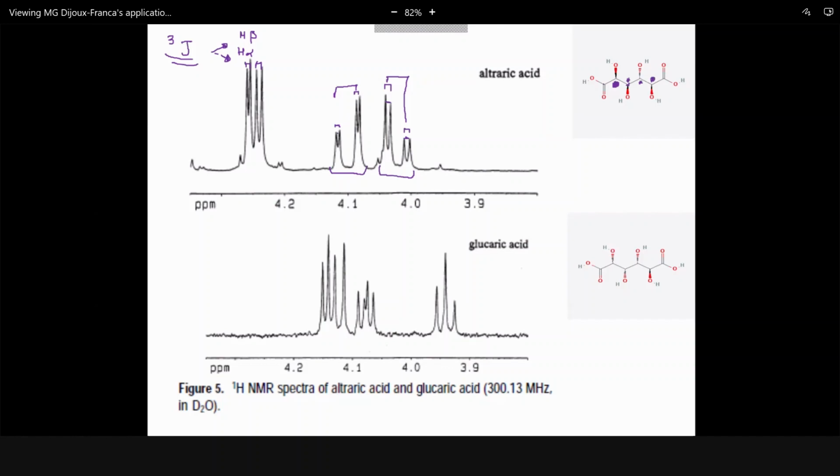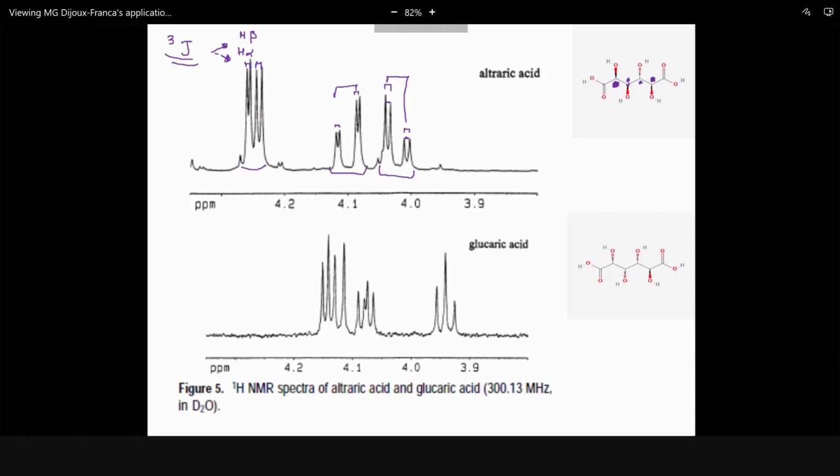It's the same for that one, but as the chemical environment is quite the same, they are very close together. But as you could see, the orientation of the proton here and here are not the same, so the coupling constant will not be the same in both signals. You have a small one and another one bigger.